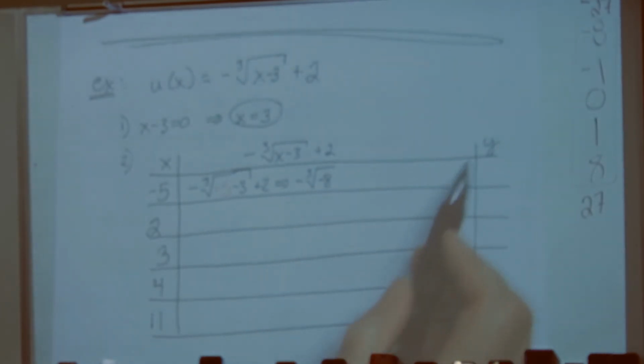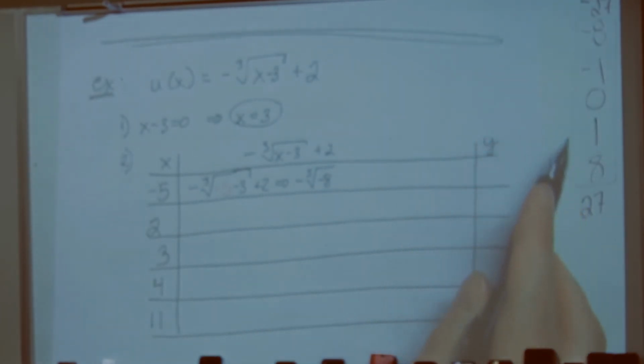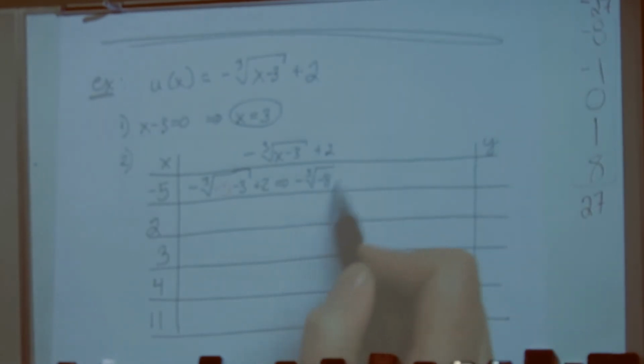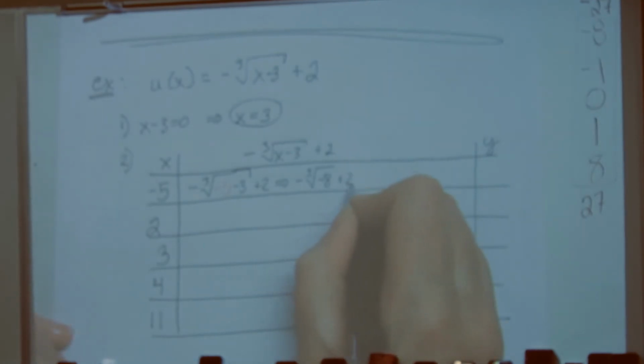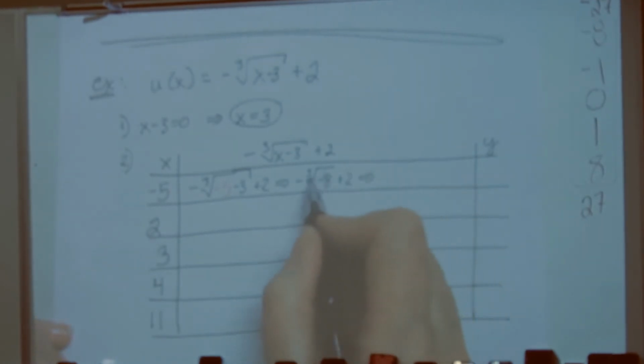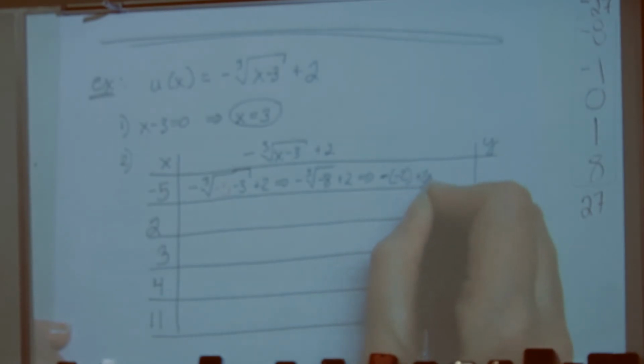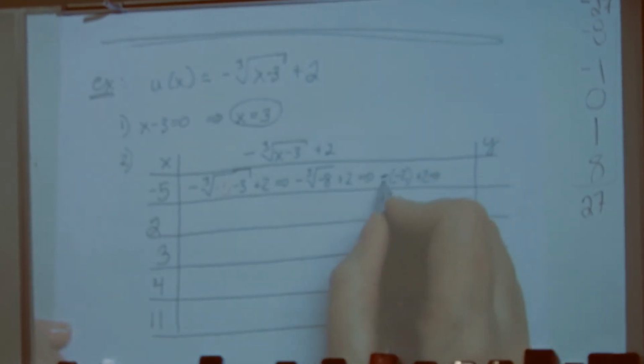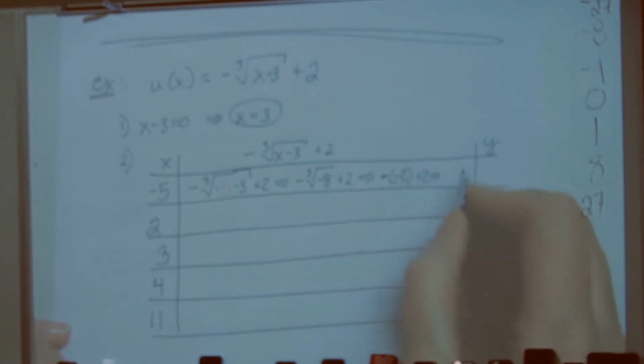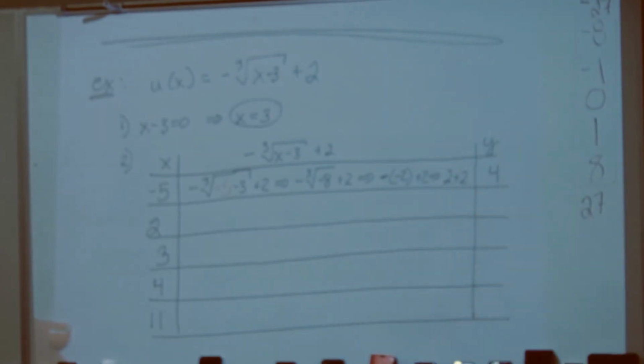Does it match one of these numbers on the board over here on the right? Yes, that is perfect. This is what we're going for. Then I have this +2 on the outside. Do that last. I got a negative. What is the cube root of -8? -2. So we have the negative of -2, which is 2, plus 2, which gives me 4.